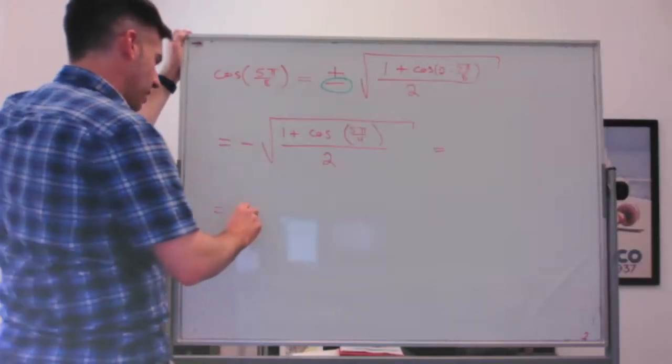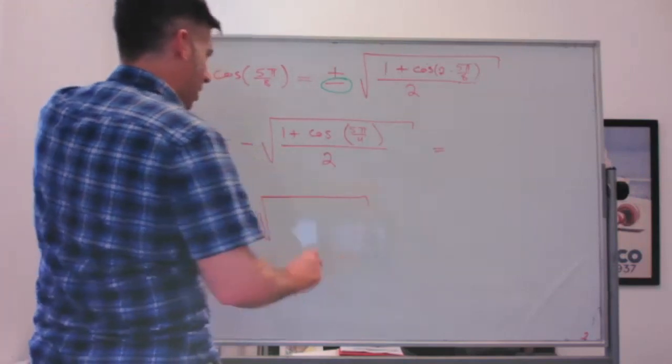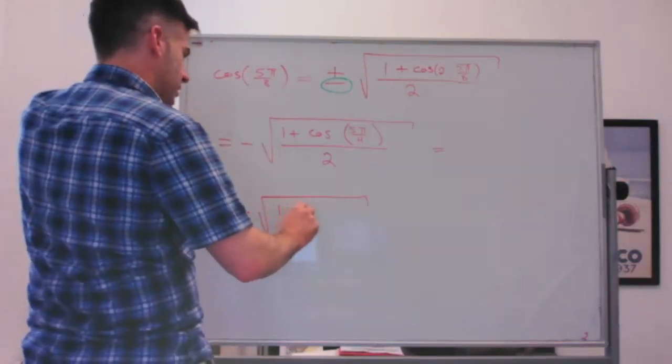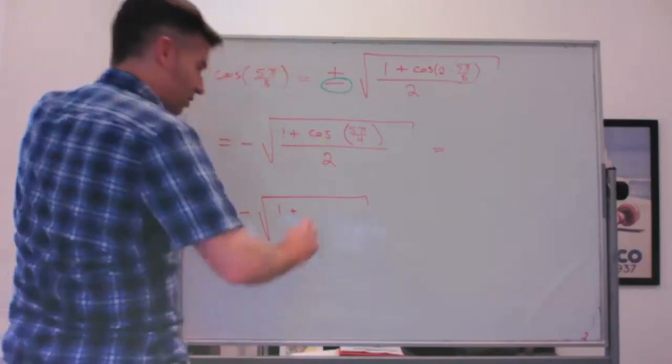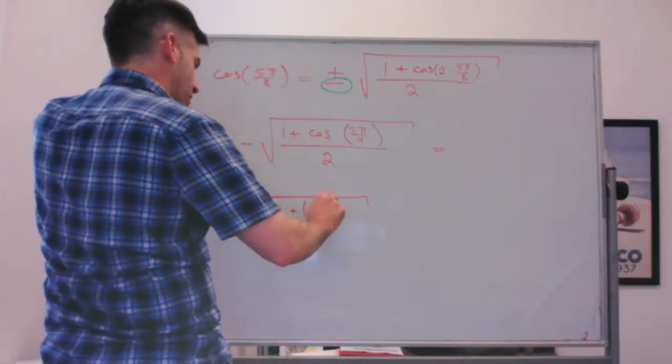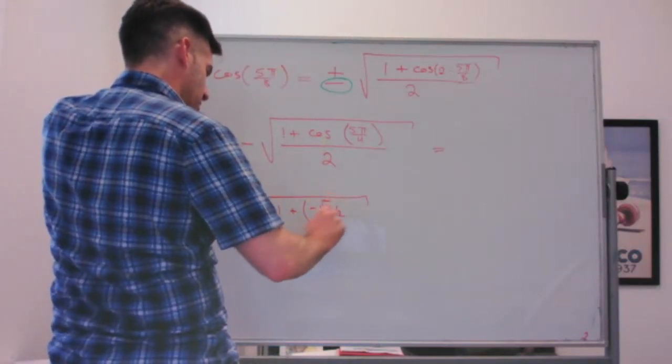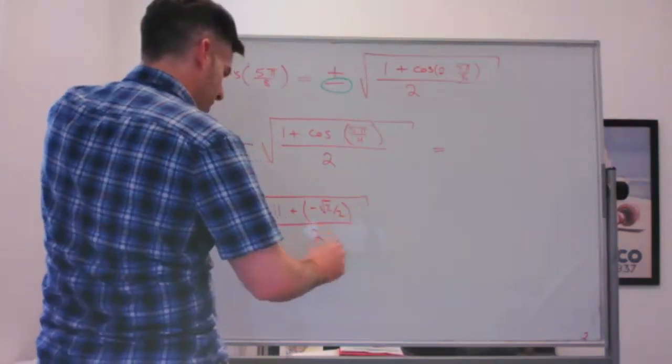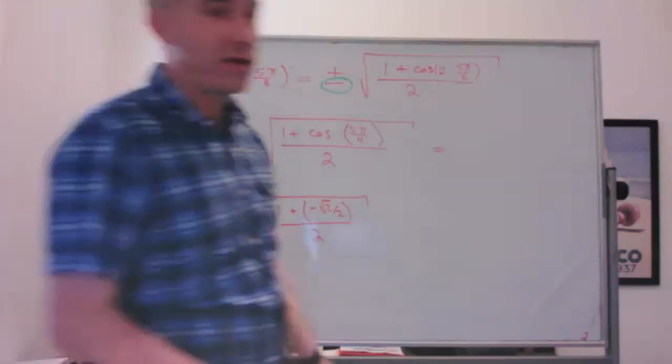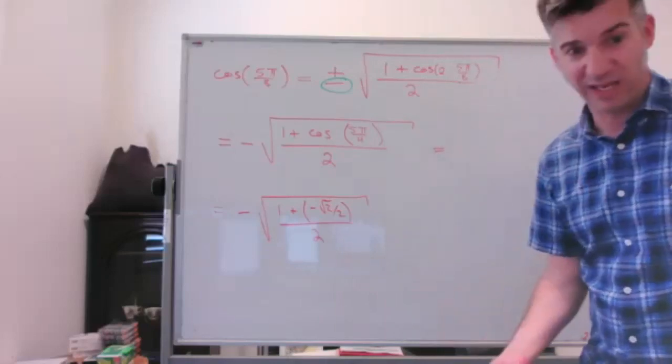This is going to be negative square root of 1 plus, really, 1 plus negative root 2 over 2, all over 2. And if we could stop there, it'd be great, but we really should do the rest of the simplification steps.